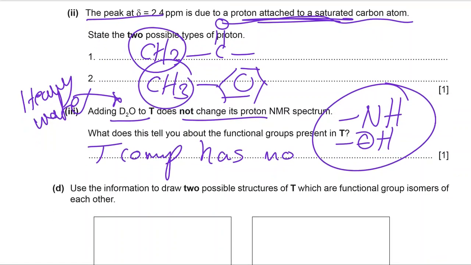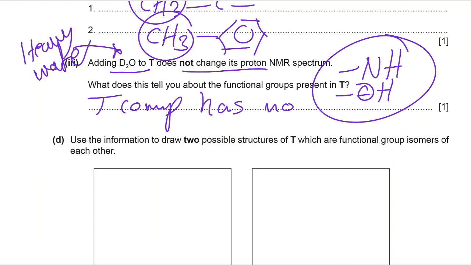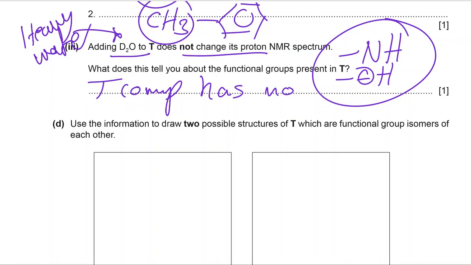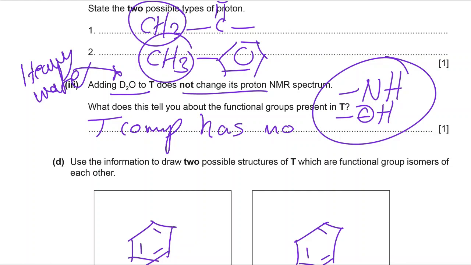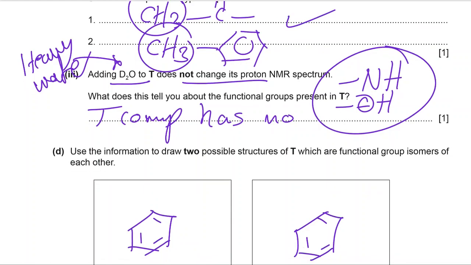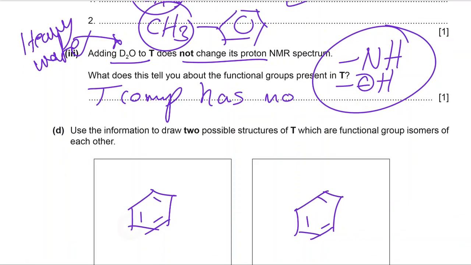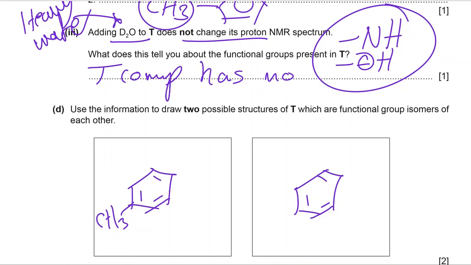So now your compound could be a benzene ring, and we have two possibilities. As explained, the CH3 could be bonded directly to the benzene ring, or like this one.